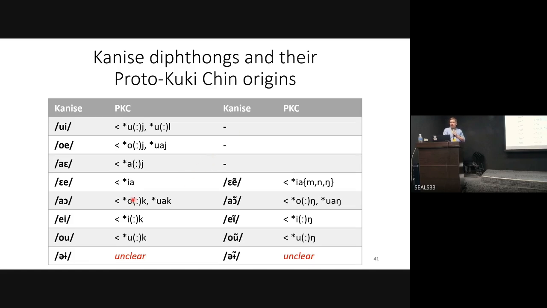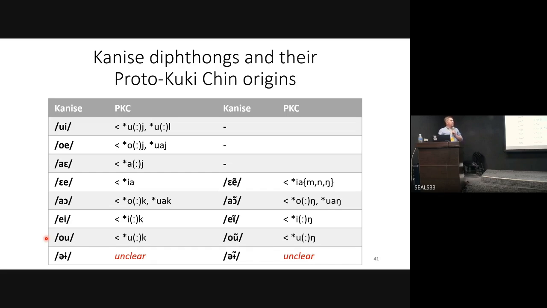Whereas for the rest of the diphthongs down here, they all could be found historically with oral or nasal codas. So this explains the distributional restriction that we had no explanation for at first. So now it's all become clear.